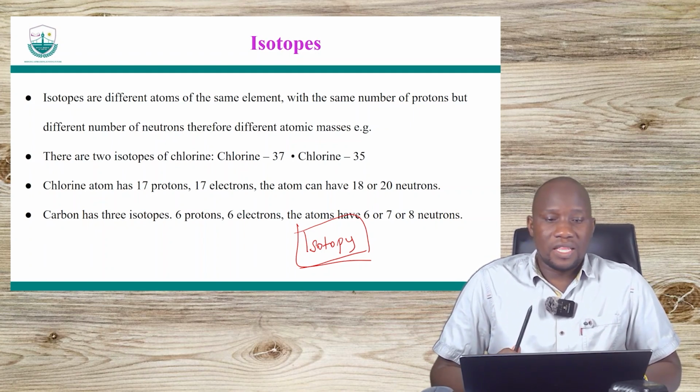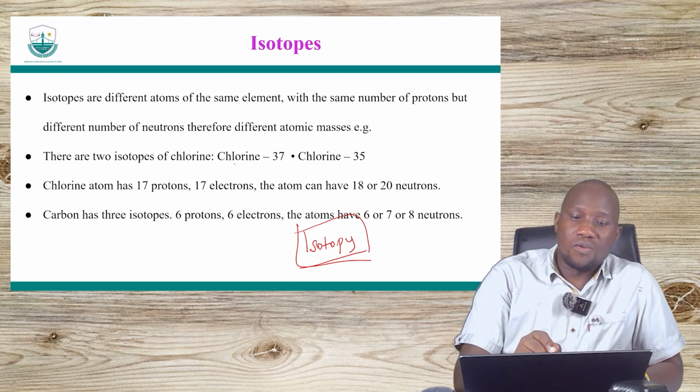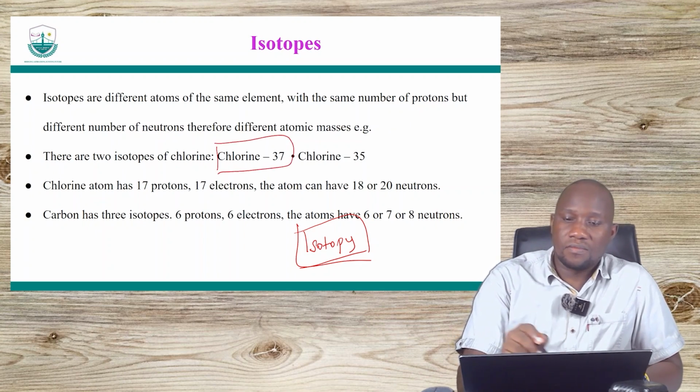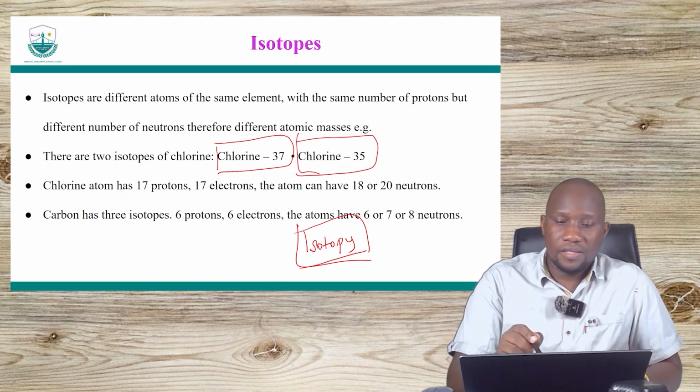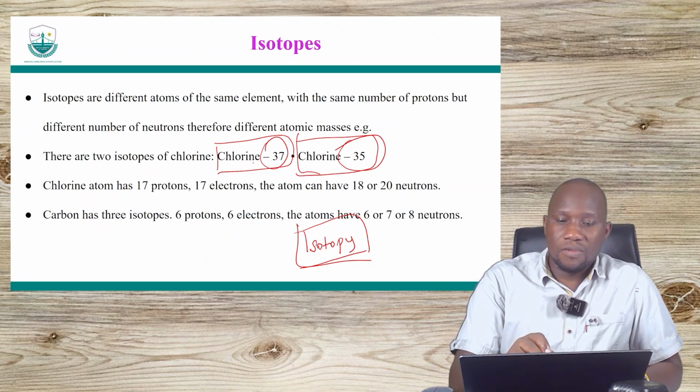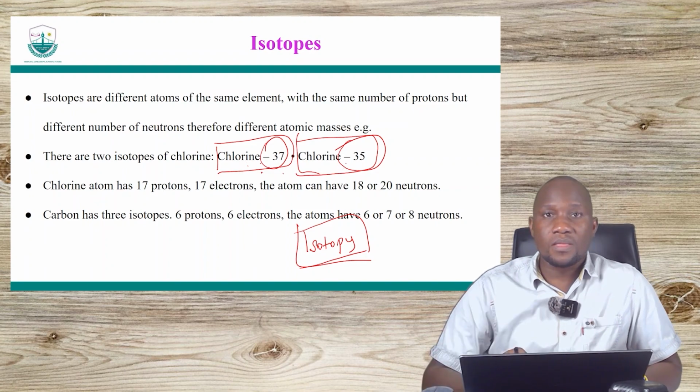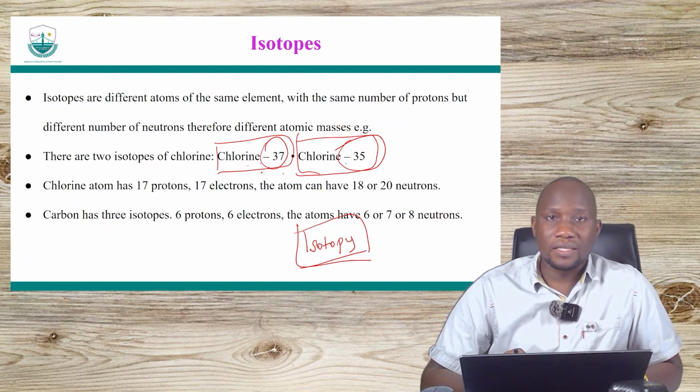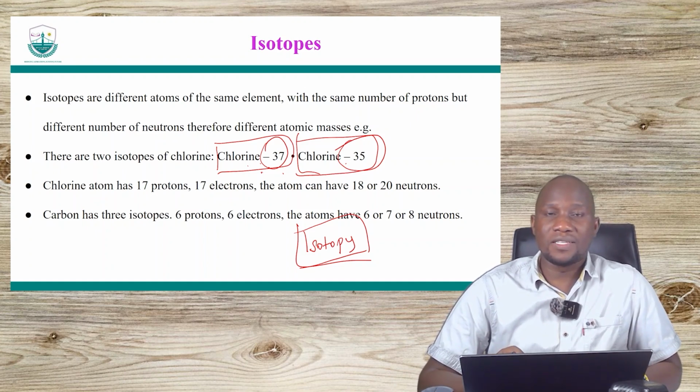The example is chlorine. Different atoms of chlorine have the same atomic number. That means they have the same number of protons, but the number of neutrons is different for each of those atoms. Okay, so therefore that means that the atomic mass is different.